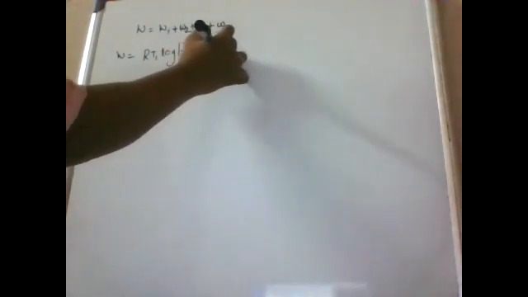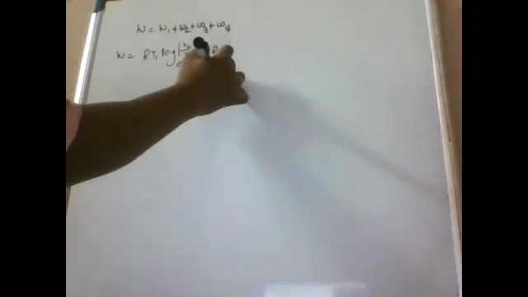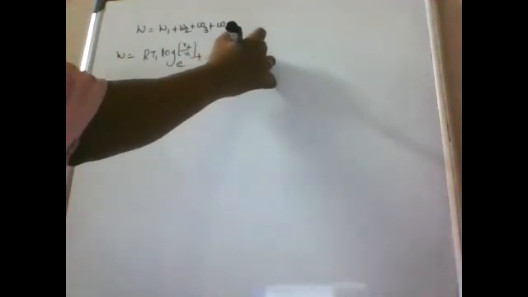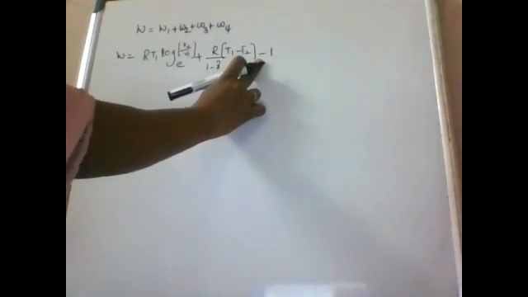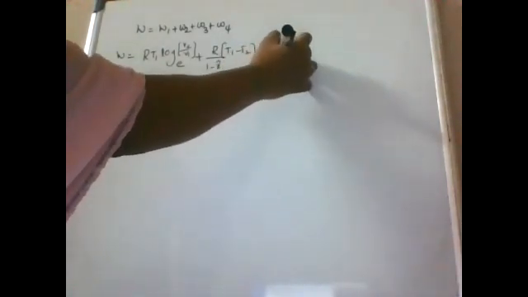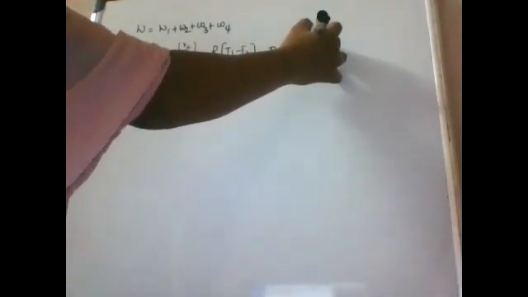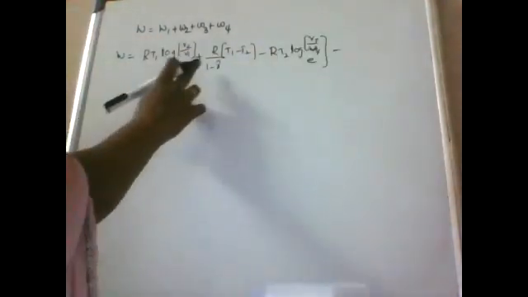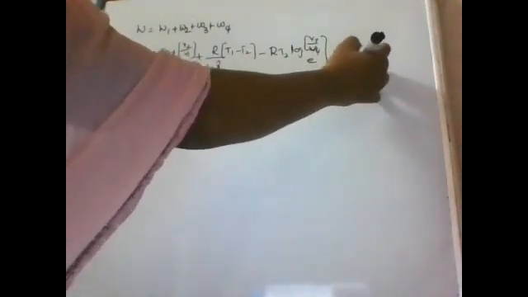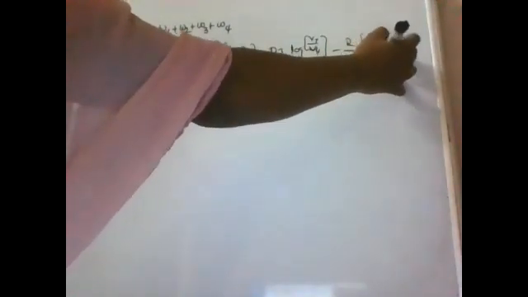W1 equals RT1 log V2 by V1 base e, plus W2 value, capital R by 1 minus gamma into T1 minus T2. Next, this is a reverse process, that's why we have to put a negative sign: RT2 log V3 by V4 base e, minus capital R by 1 minus gamma into T1 minus T2.